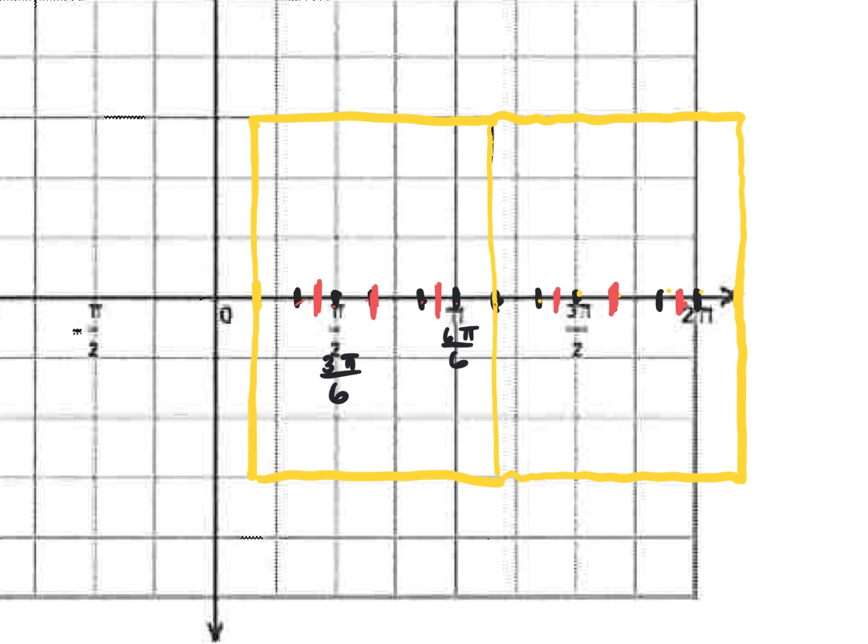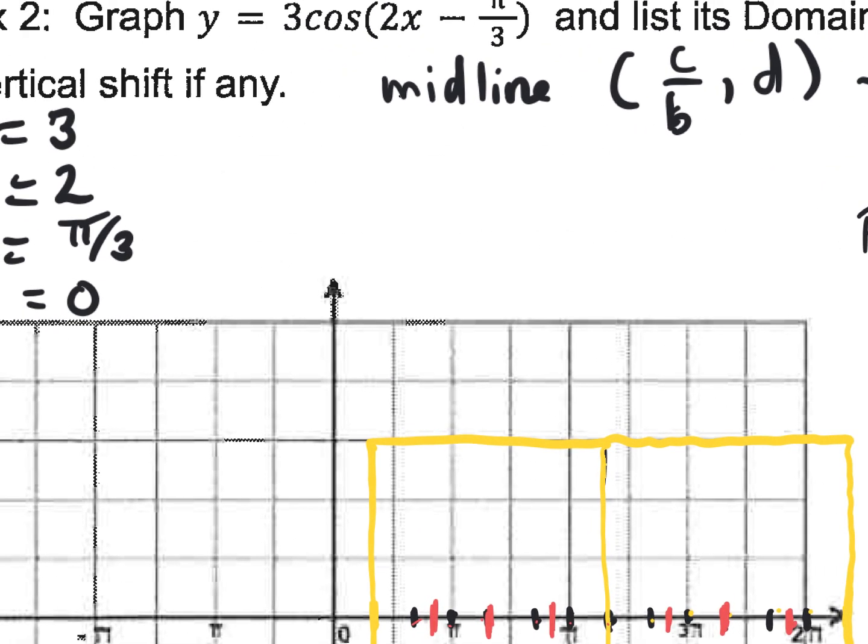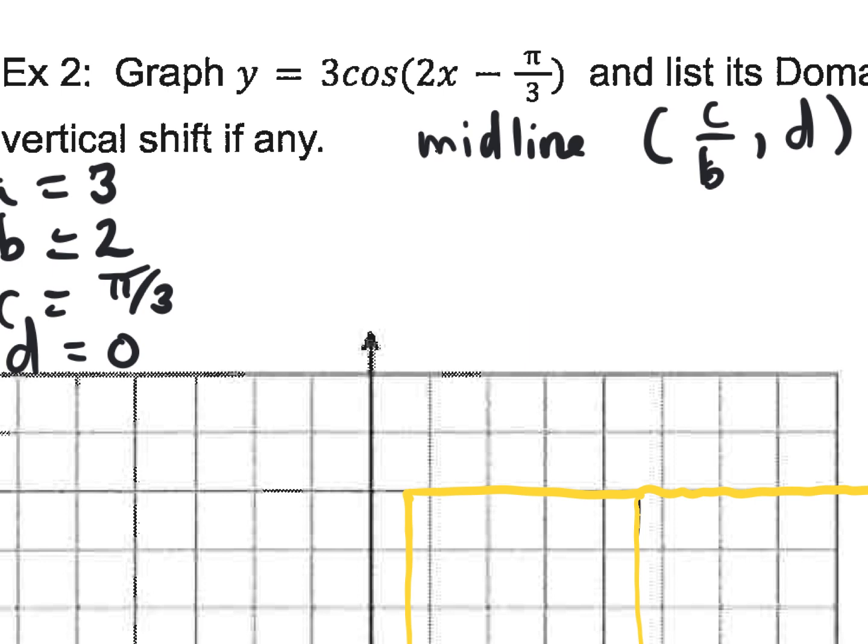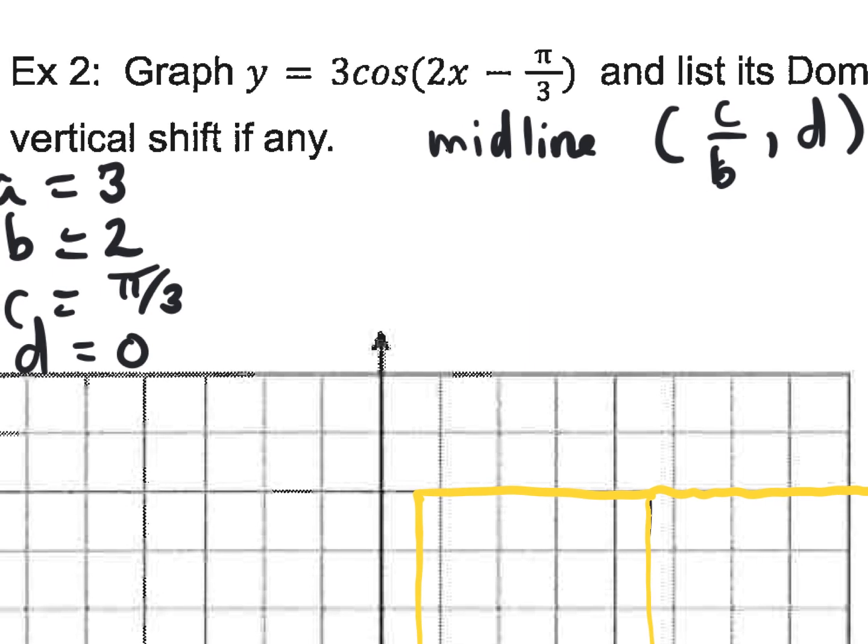The middle was actually on a black mark. But this is halfway between 2 black marks. Half, half, quarter, quarter, quarter, quarter. Get it? If you can do that, you can graph these, because now we're graphing what? Cosine. And what's the pattern for cosine? High, middle, low, middle, high.